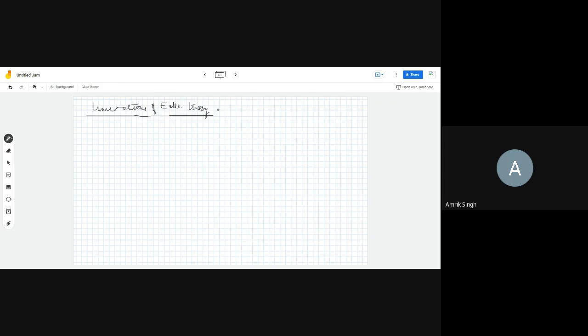So we have discussed the three points yesterday, and that one is that the column should be perfectly ideal, and it should be straight. Okay.